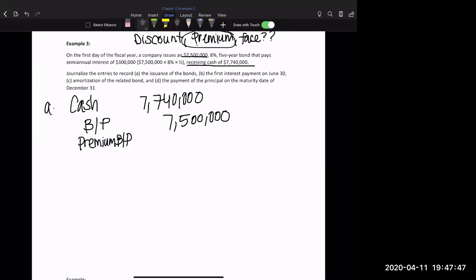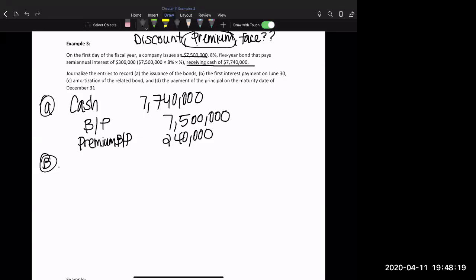The way we get that amount is the difference between the cash we received and the liability we created: 7,740,000 less our bonds payable of 7,500,000, and the amount we come up with is $240,000.